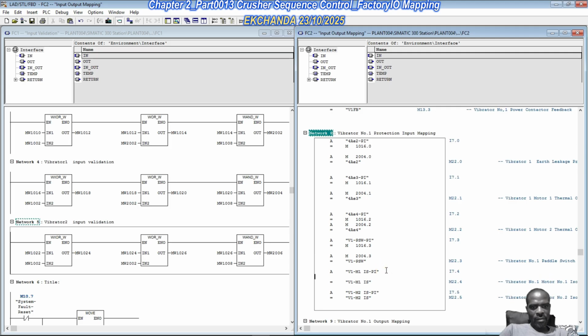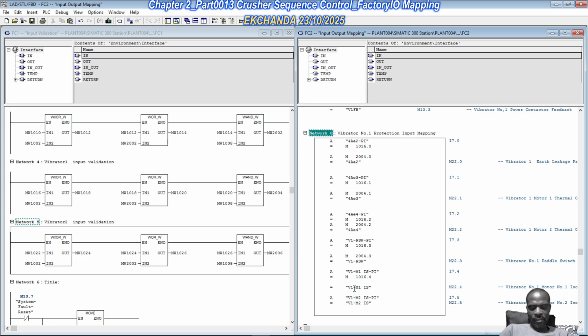And then we have this input passing a signal state to memory bit 1016.4, and then memory bit 2004.4, passing a signal state to memory bit 22.4.